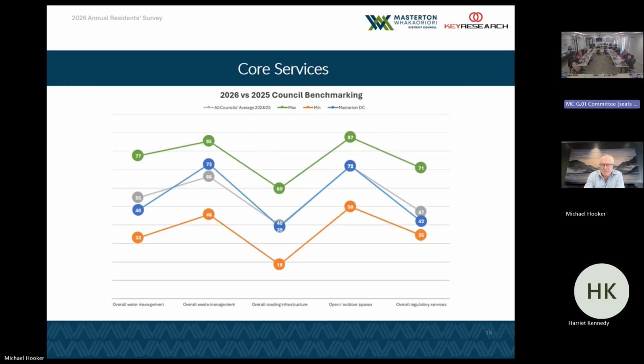I find it a bit frustrating in that we use this for our June decision making on the annual plan and next year's LTP, but it would be great if we could get the benchmarking quicker. Yeah. But this is us, so we don't have to worry about the others.